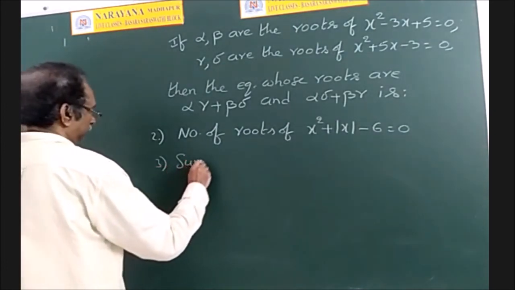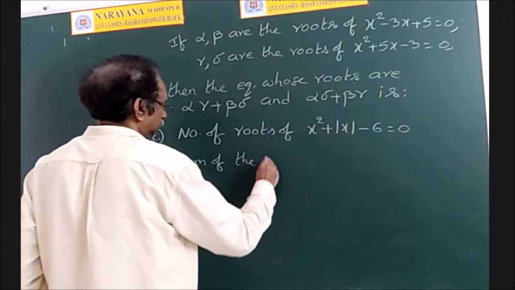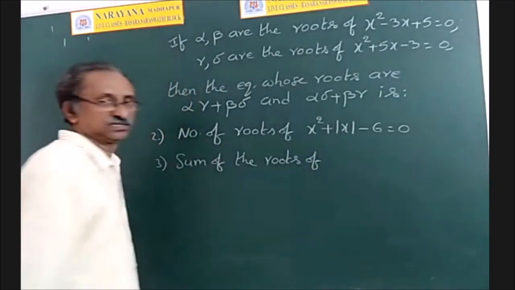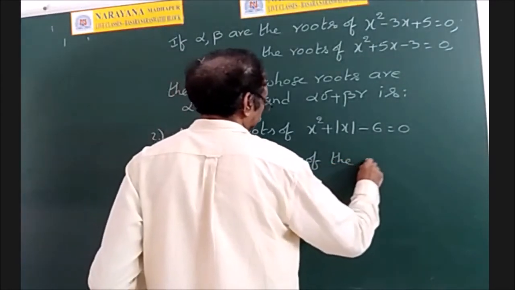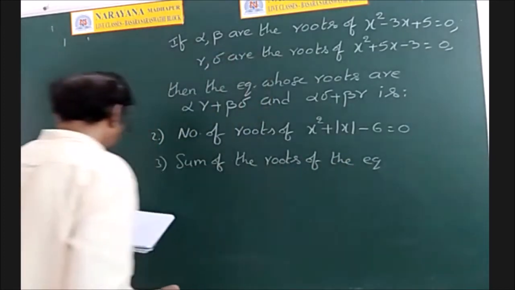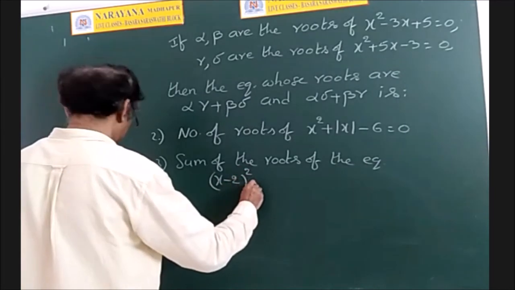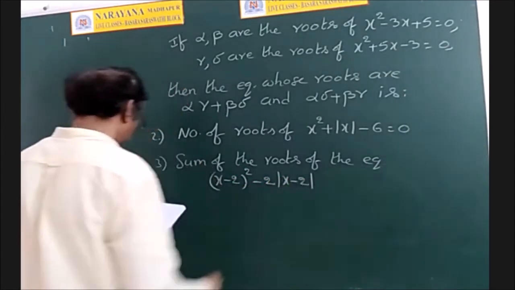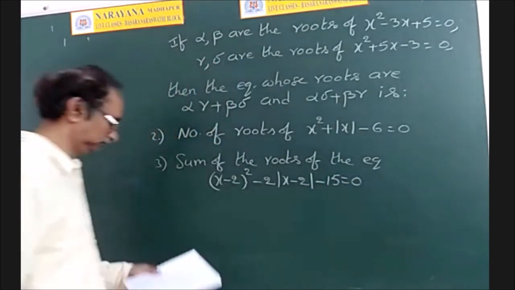And next one, sum of the roots of the equation x minus 2 whole square minus 2 into mod x minus 2 minus 15 is equal to 0.